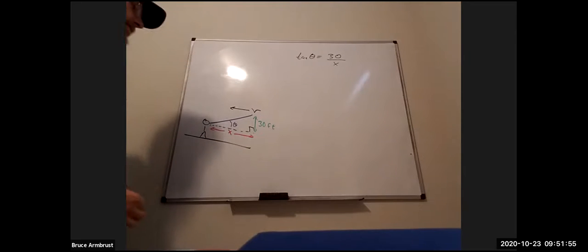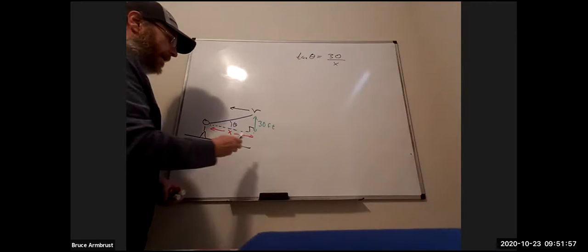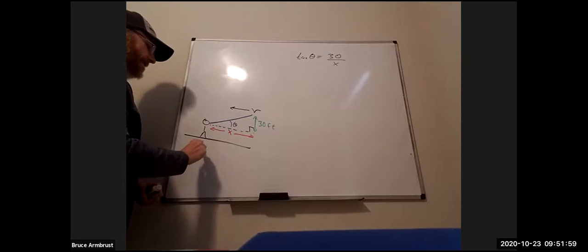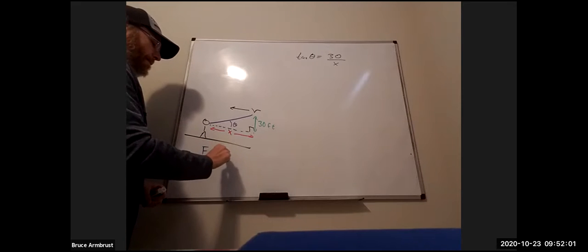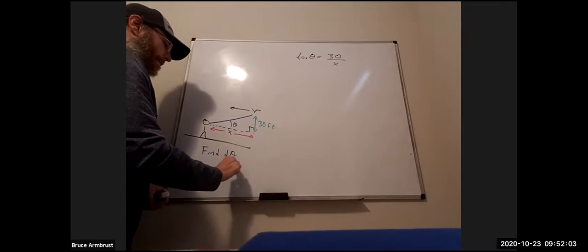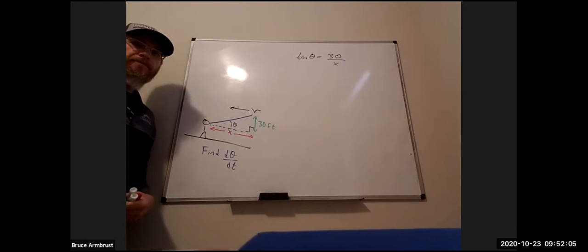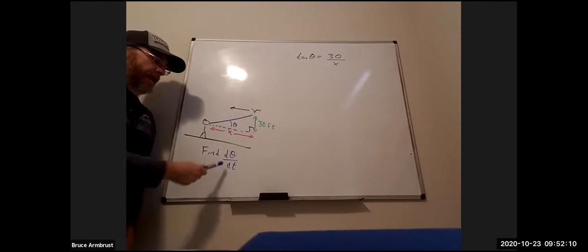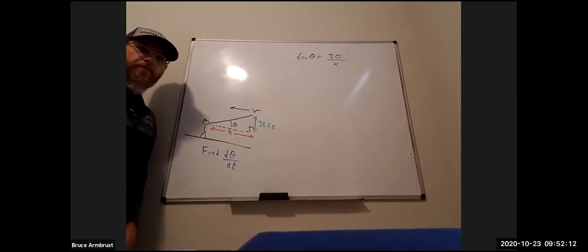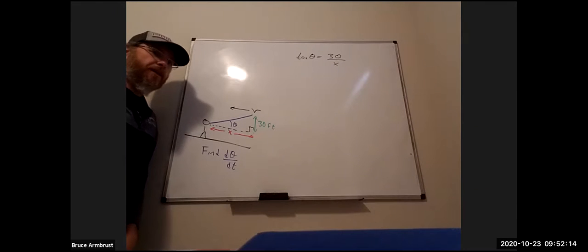Now, what I'm actually interested in, though, is I want to find d theta dt. I want to see how is that angle changing with time. All right, so as that bird's flying, how quickly do I have to pivot my head?